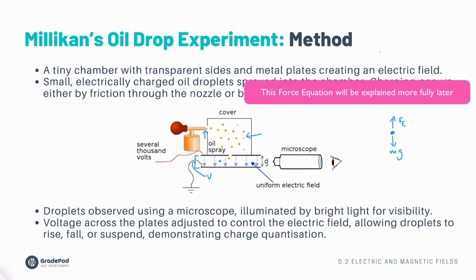And we know that the electrical force in that uniform field is equal to QE. So he wants to get to the point where the weight, mg, is equal to QE, and Q is the charge on the oil drop. If it's balanced in midair and he knows the mass of the oil drop and he knows the value of the electric field, he can actually work out what the charge of that oil drop is.